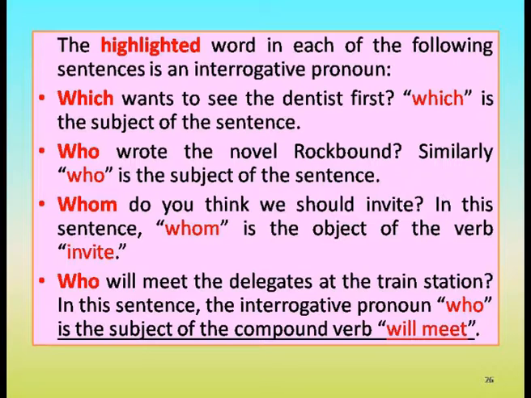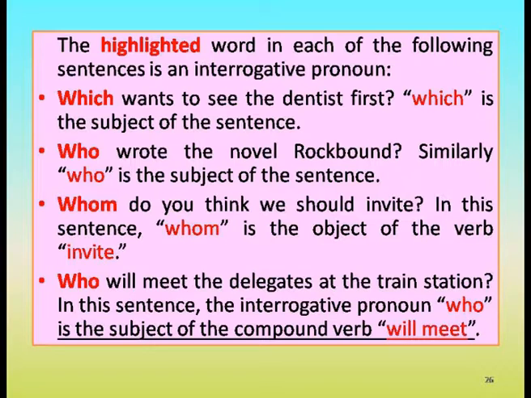Whom do you think we should invite? In this sentence, whom is the object of the verb invite. To whom do you wish to speak? Here the interrogative pronoun whom is the object of the preposition to. Who will meet the delegates at the train station?